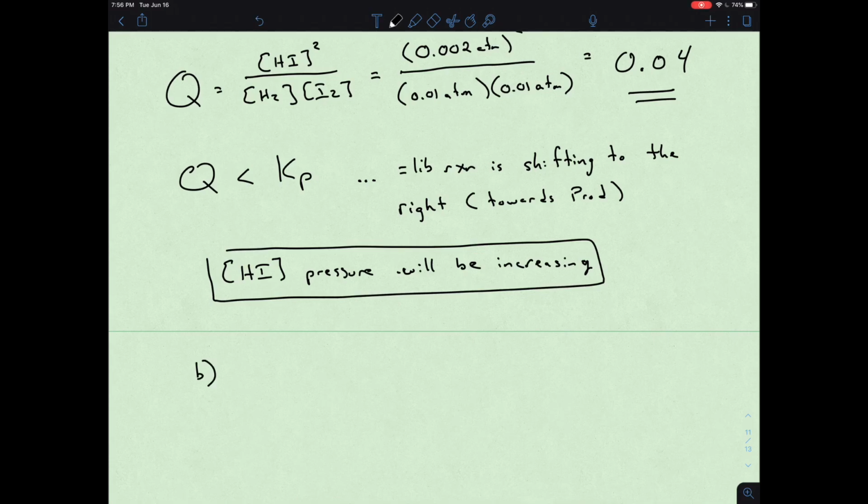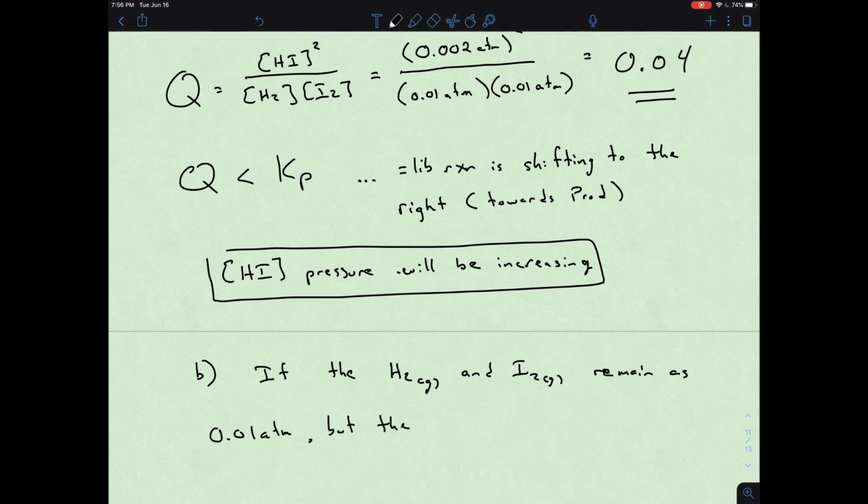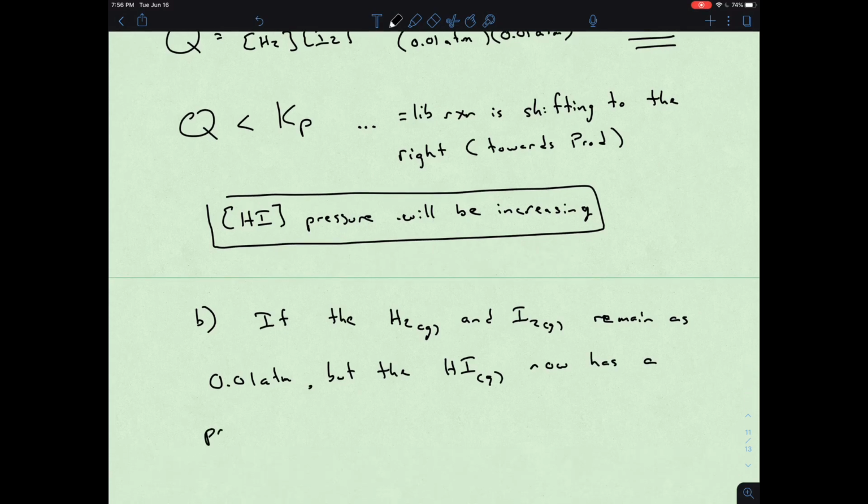The second one, let's just say the H2 and I2 remain as 0.01 atmospheres, but the HI gas now has a pressure of 0.2 atmospheres.